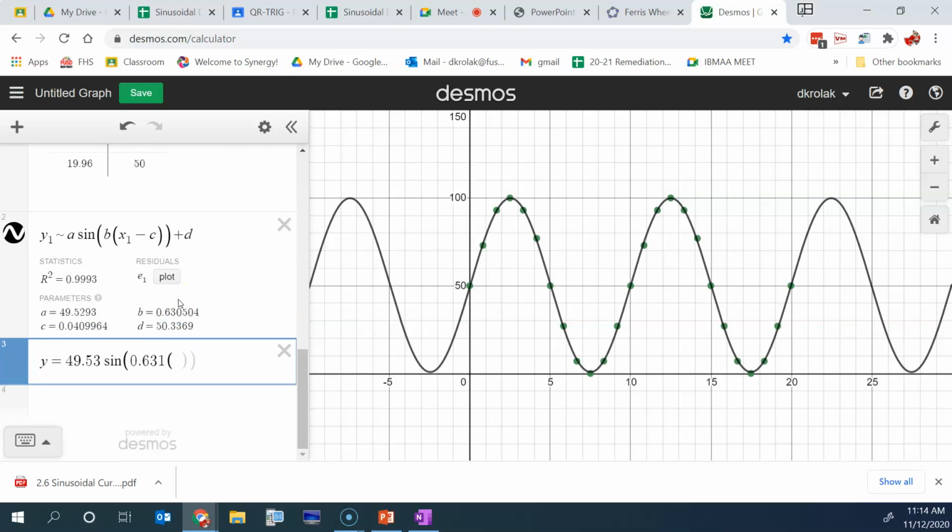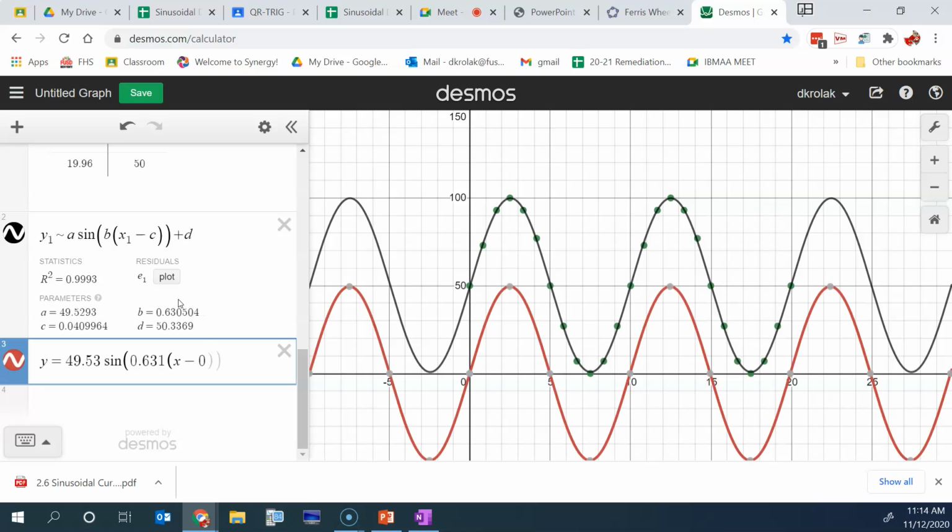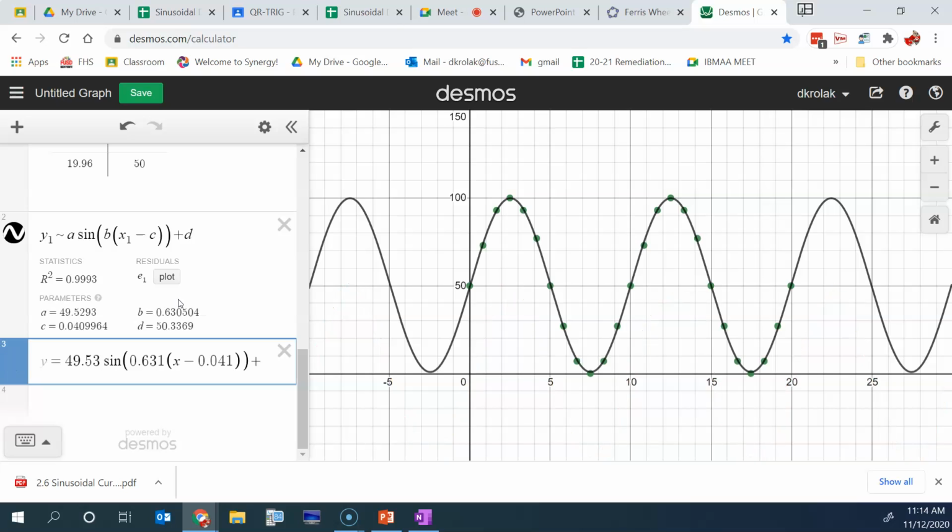Okay, then parenthesis. X minus, okay, Angel, round C to 3 places. 0.041. And then it even tells you you need 2 parentheses to close it. Okay, Caleb, how about D to 3 decimals?